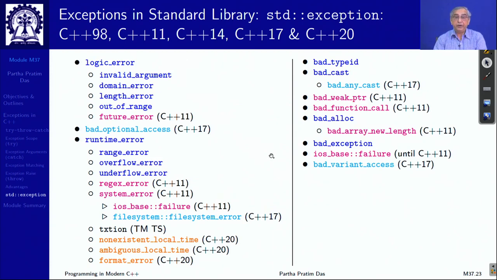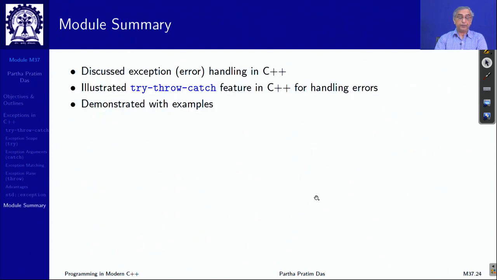Going to later versions of C++, there have been several extensions to this standard library, which I have shown by different colors. This is just for your information. We are not going to discuss this or have it in the assignments immediately. When we do the modern part of C++, we will talk a little bit about some of them.